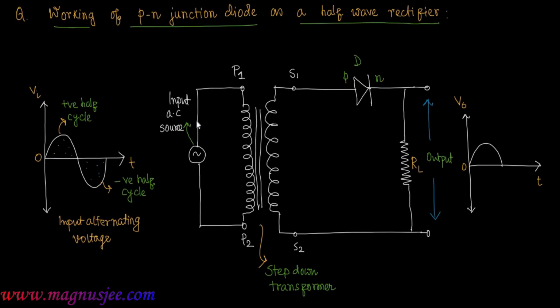And at the output only positive half cycle, negative half cycle will be removed or blocked. Due to positive half cycle, we get positive half cycle. Positive half cycle is obtained at the output.